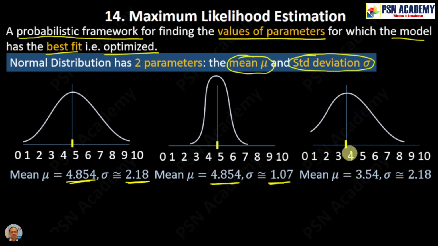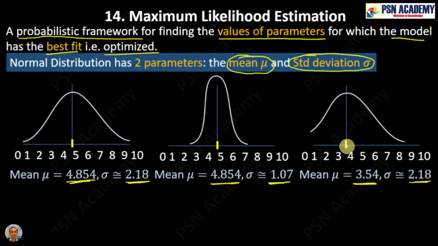In the third figure, you see that mu has been changed from 4.854 to 3.54, but the standard deviation is 2.18, just like the first one. Now we see that the shape looks somewhat like the first one, but the mean has shifted towards the left, right?